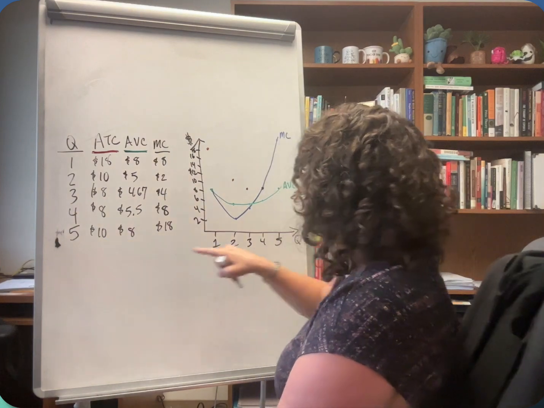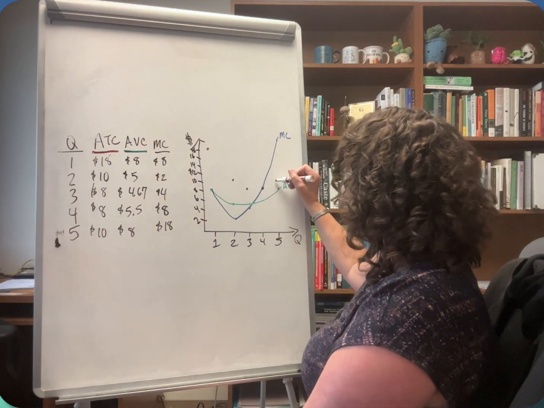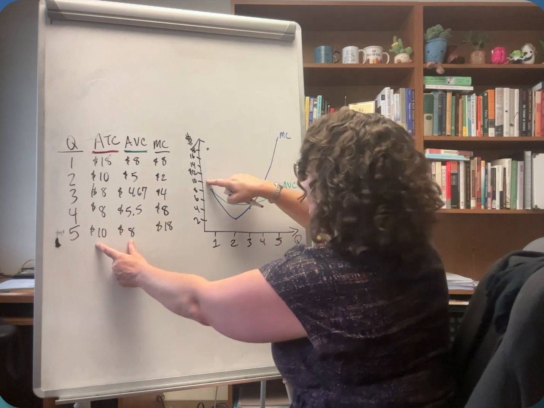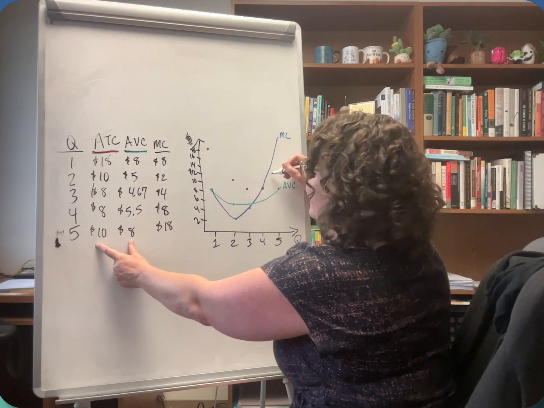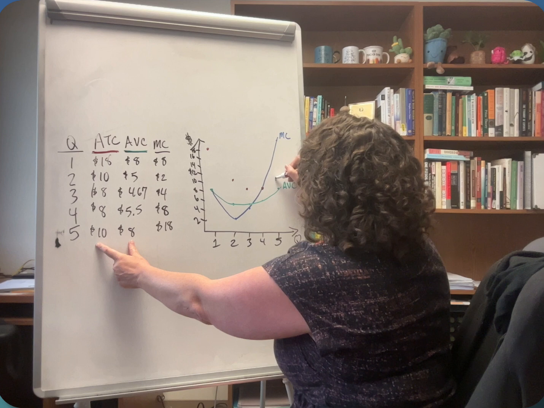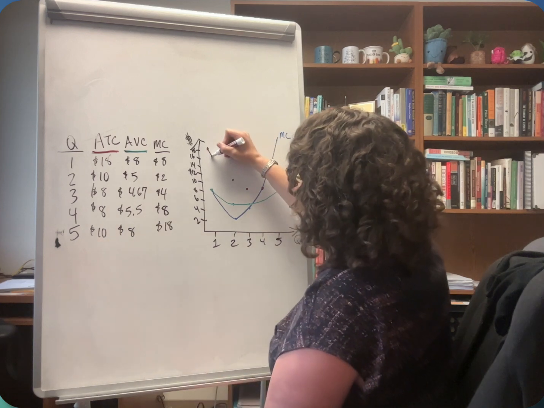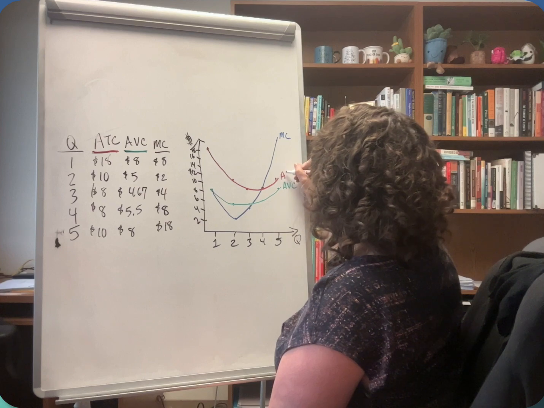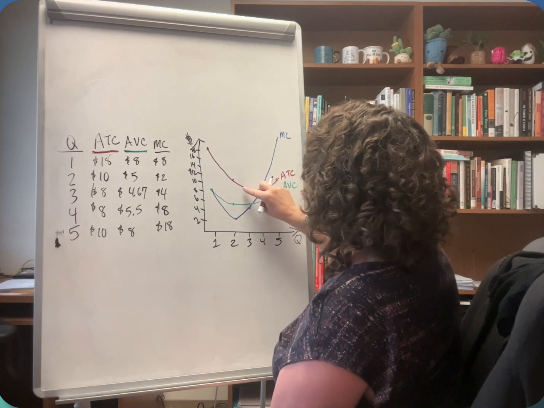And then when we get to a quantity of 5, it's going to be back up, rising a little bit above average variable cost, way below marginal cost, at a value of $10. So let's put that right there. And that's going to be our average total cost curve.